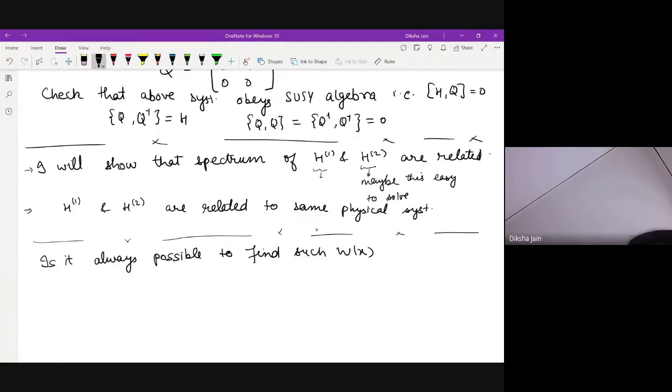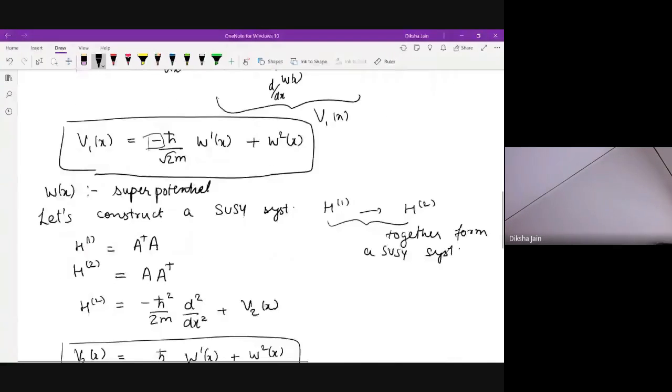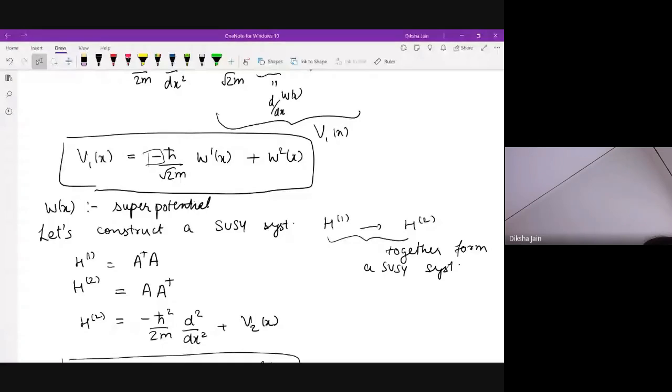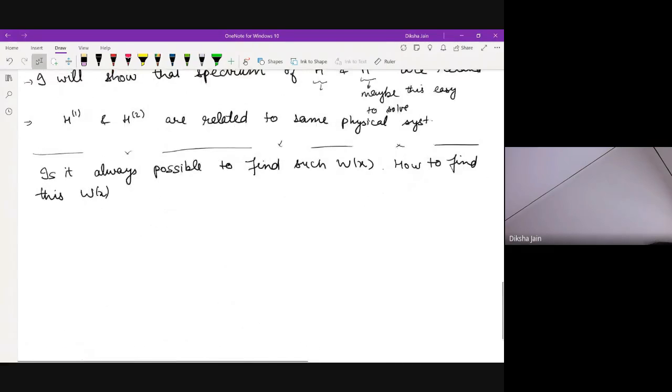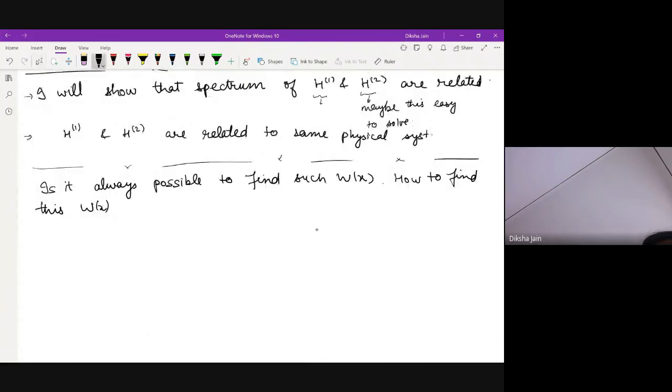And how to guess and how to find this W of x? Because V is a complicated function. If you know the potential V, solving for W of x is not in general easy. So is there a way to find W of x, or is it just guesswork?